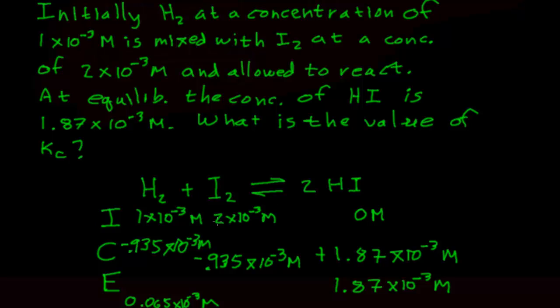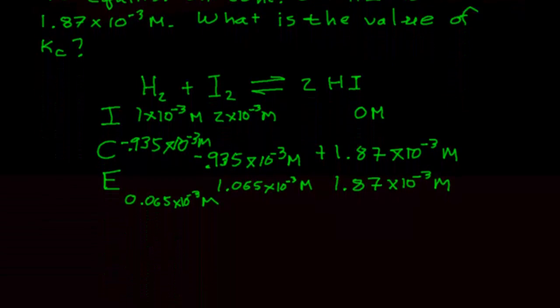And then now we do the same thing for the I2. So we have 2 times 10 to the negative third molar minus 0.935 times 10 to the negative third molar. And that gives us a value of 1.65 times 10 to the negative third molar. So now we have all of our 3 equilibrium concentrations. And we've used the ICE table to help us figure those out.